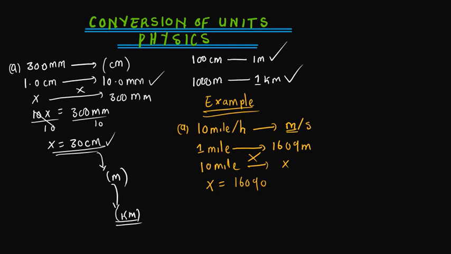When you reach here, remember that we want to take it in seconds. So how many seconds do we have in 1 hour? I think we should have 3,600 seconds. So you are supposed to divide this by 3,600 seconds.